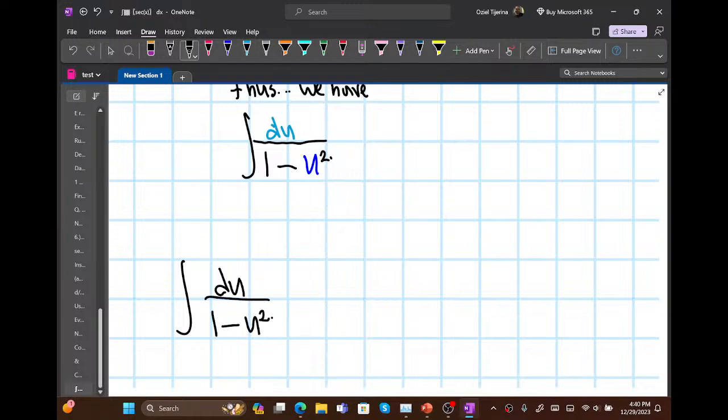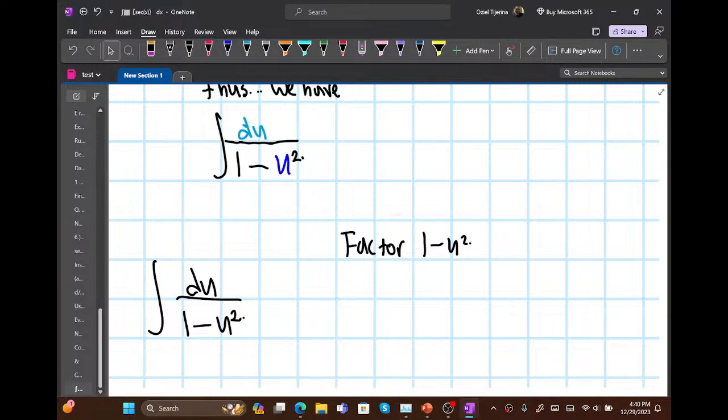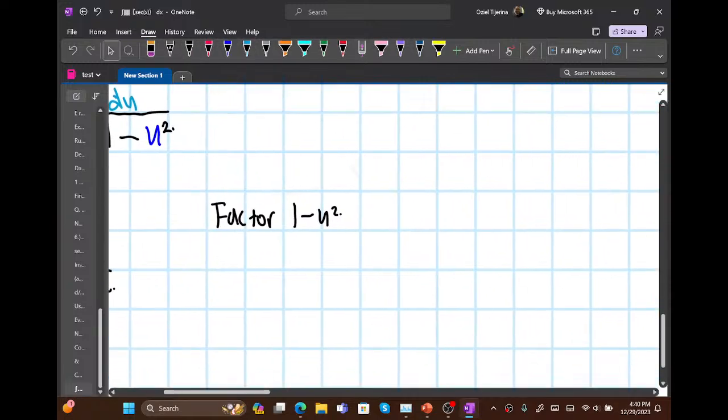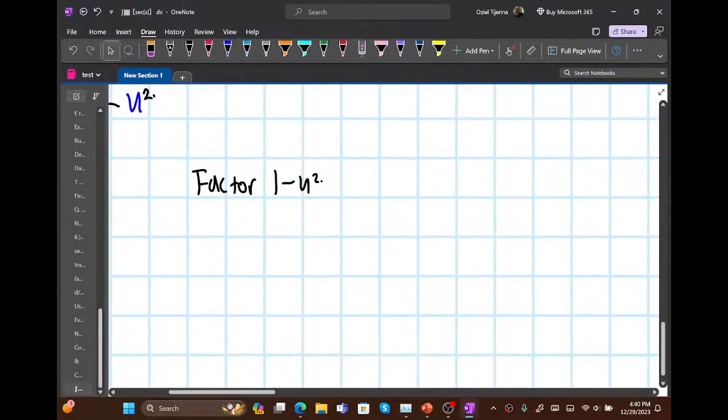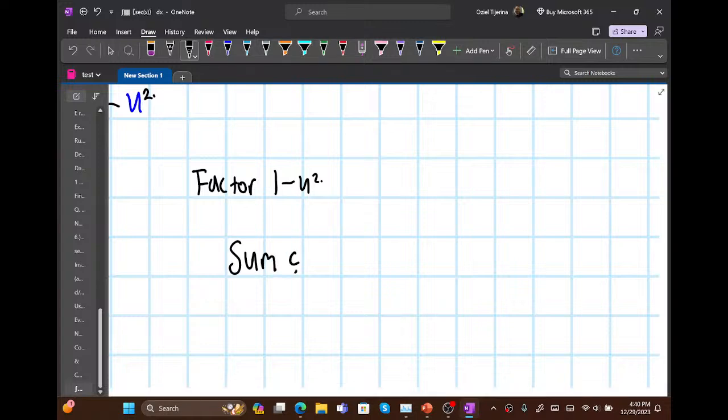We need to factor 1 minus u squared. If you guys remember from the sum and difference pattern, I'm just going to write this really quick.